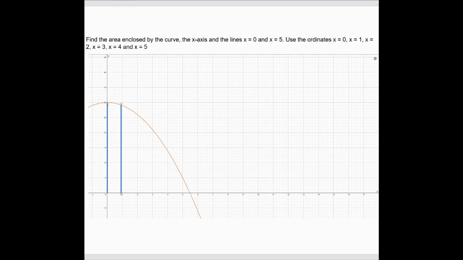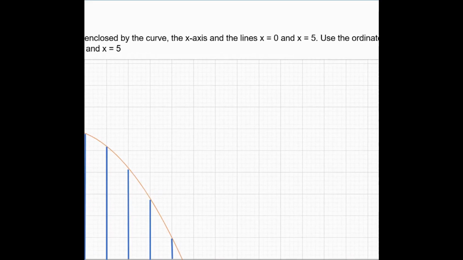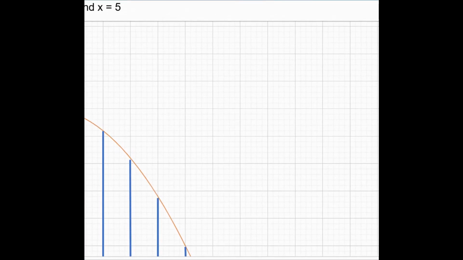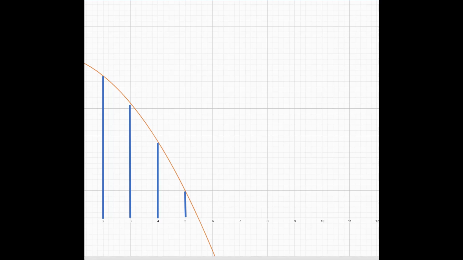I'm going to do the same at x equals 1, x equals 2, 3, 4, and 5. What I would do then is label the individual areas A, B, C, D, E, and then work out the individual areas.